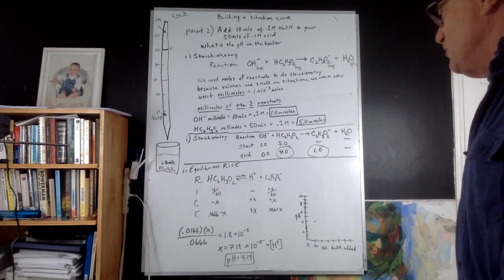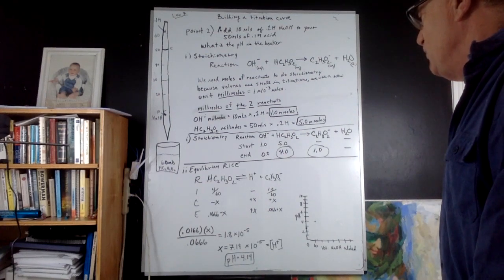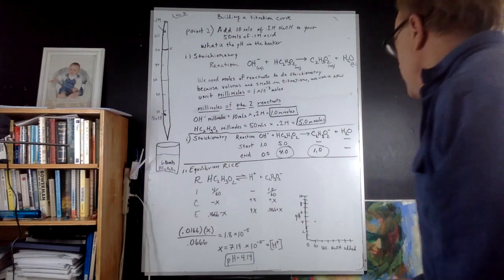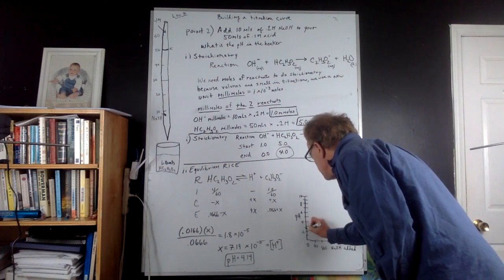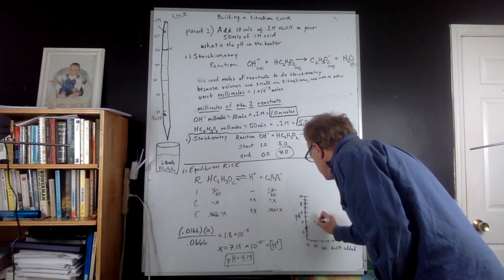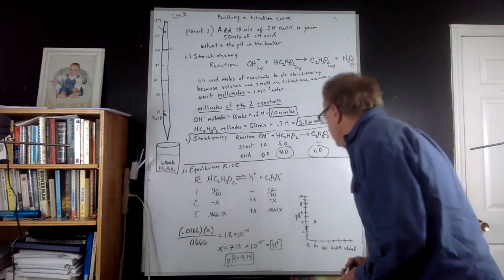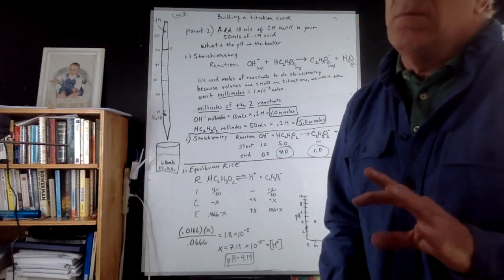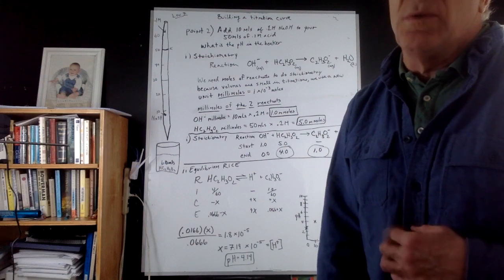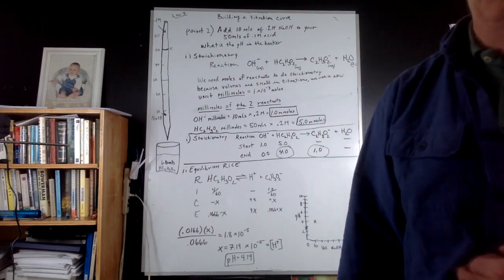That's your H plus concentration. And you get a pH of 4.14 after you added 10 mils of NaOH. So right now this is your 0 mark and this is your 10 mil mark. We're building that curve. So just probably review this with regard to millimoles, and thank you.